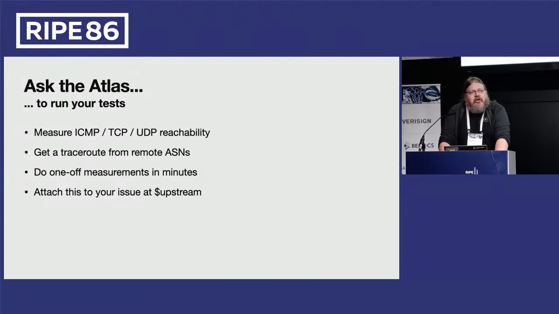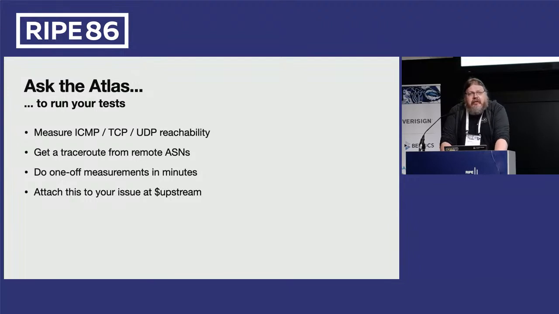And you can just attach your measurement to your issue with your upstream provider because those measurements are public. Everyone can see them. There's also the choice to make those measurements private, so not everybody can see what you're measuring. But if you use this for troubleshooting, you can make the measurement public, attach this to your ticket, and anybody else can have a look at that.